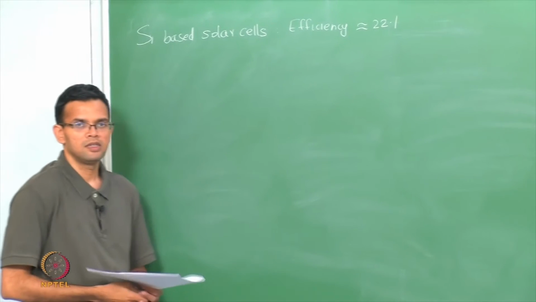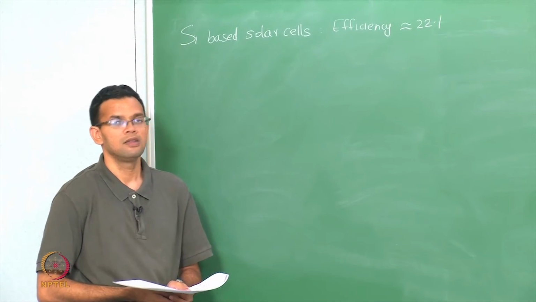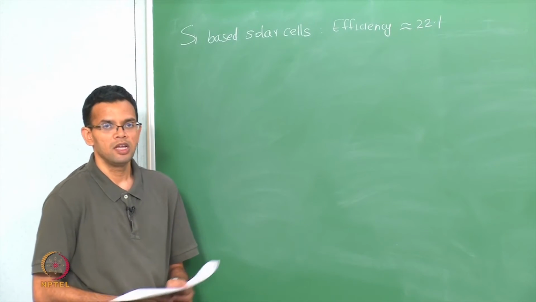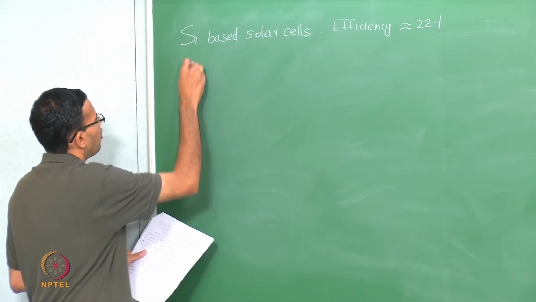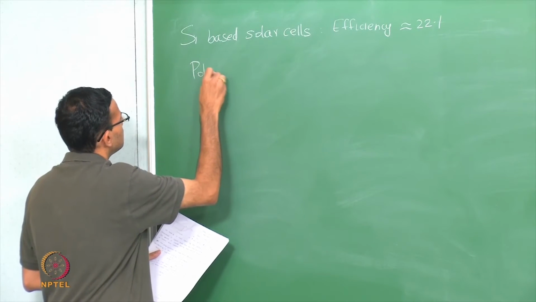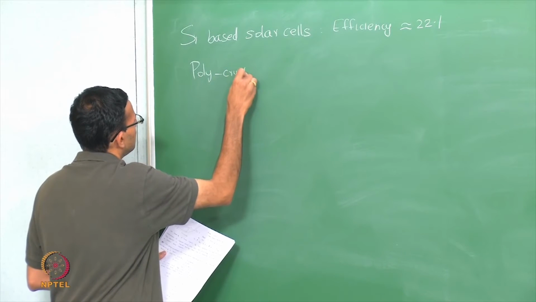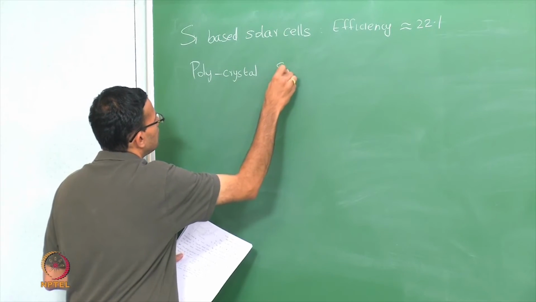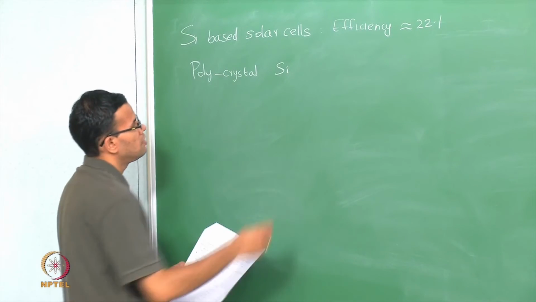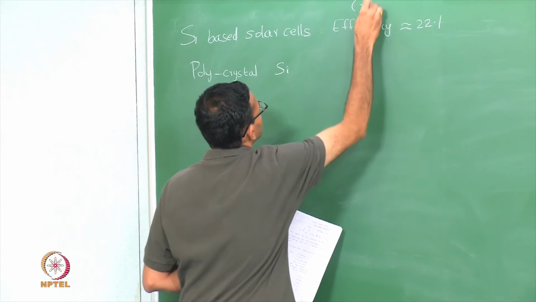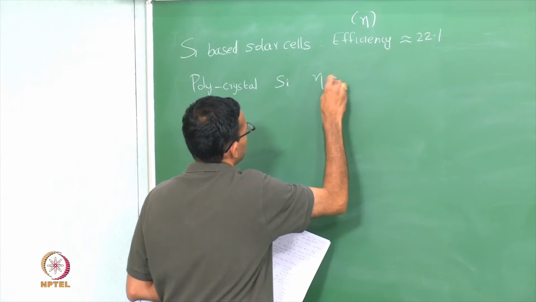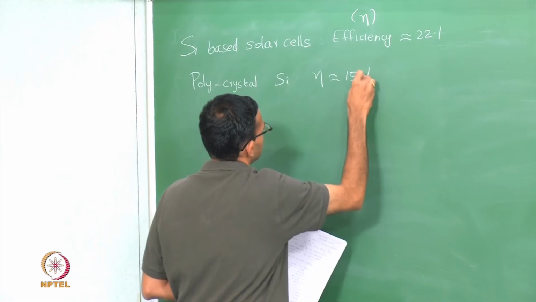So, in this case these are single crystal silicon based devices. Instead of single crystal, if you have a polycrystalline silicon, your efficiency, let me just call this eta, will be around 15%.